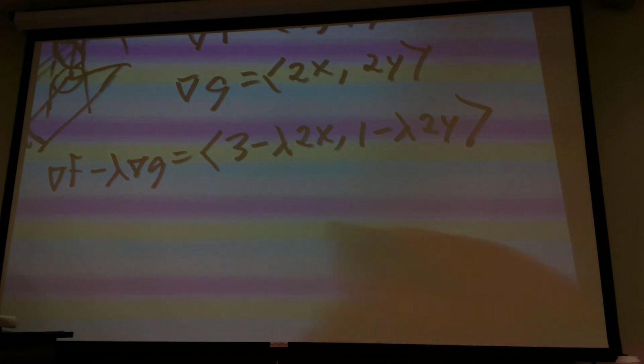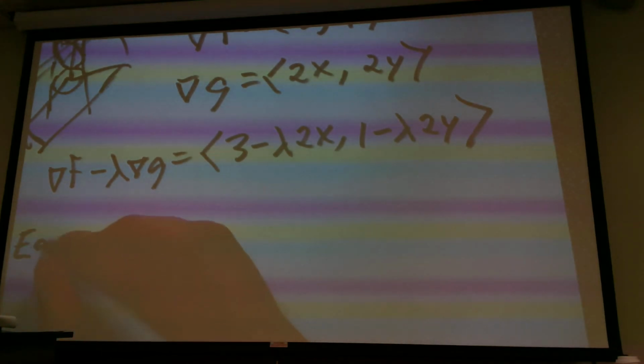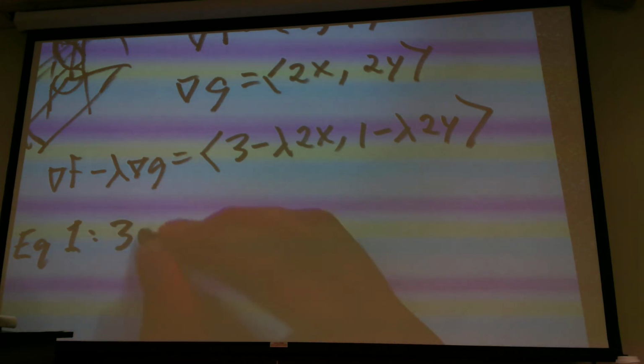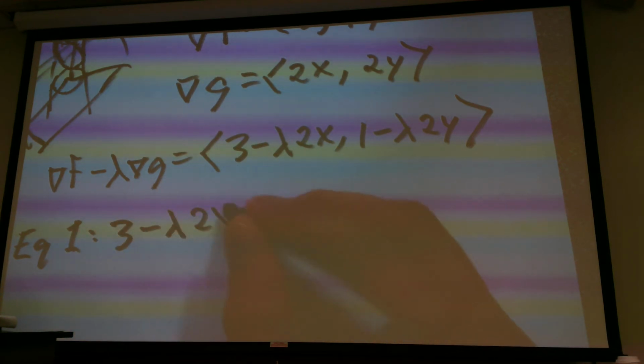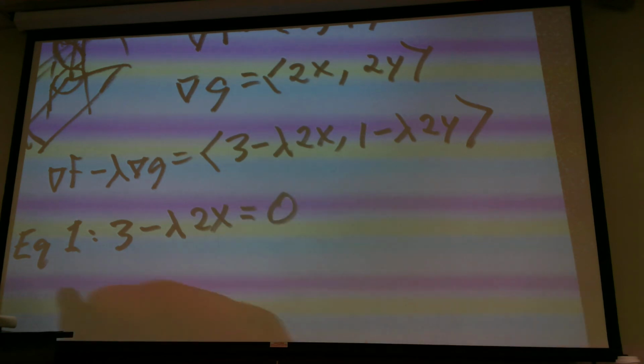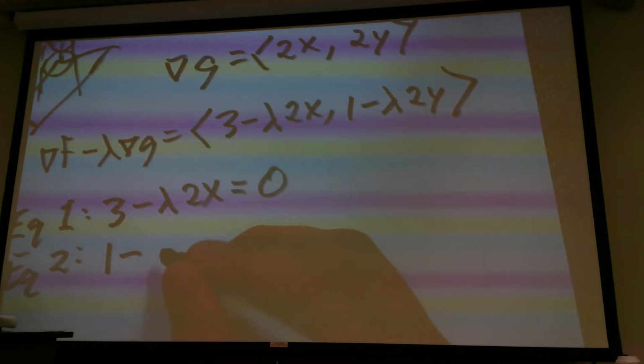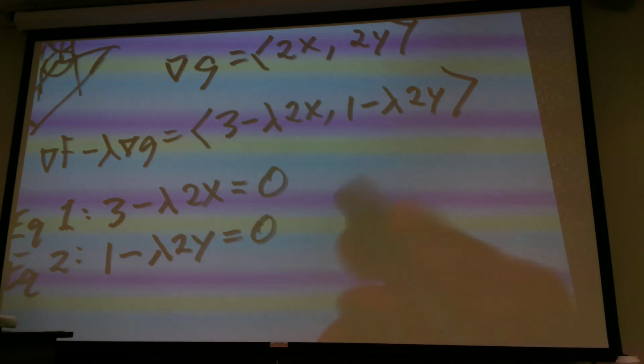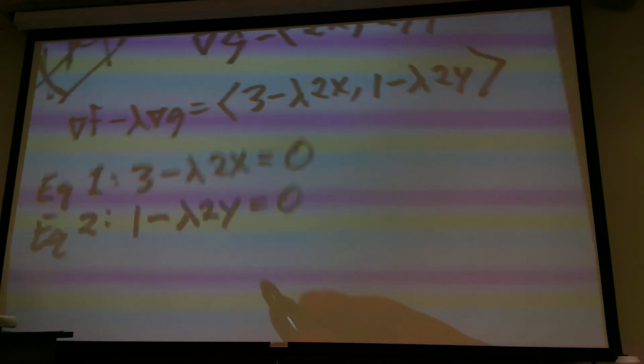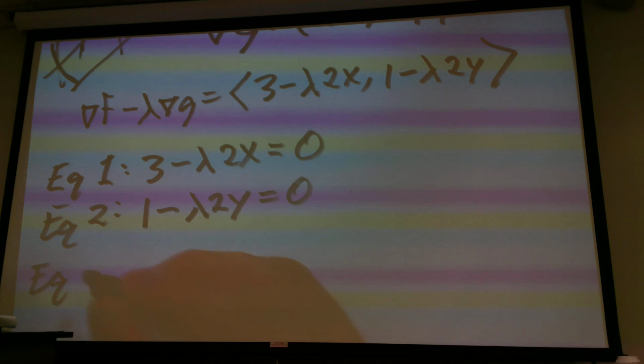All right. So equation 1, we have 3 minus lambda 2x equals 0. Equation 2 is 1 minus lambda 2y equals 0. Okay? And then we have equation 3, which is the constraint.